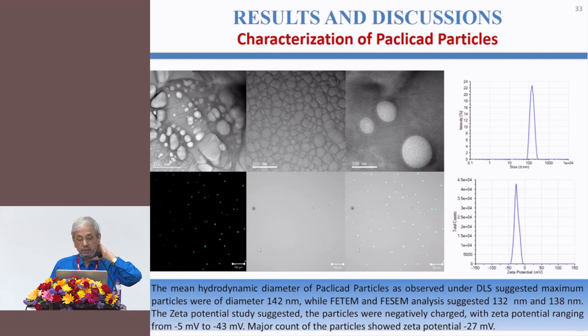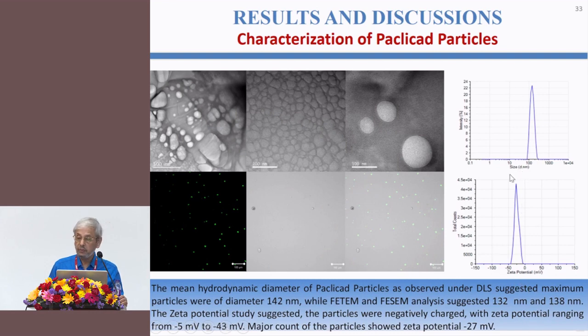As you can see through the confocal microscope, basically these images were analyzed, and the particle size was found as 142 nanometer, whereas by FESEM and FETEM the size was found as 132 and 138 nanometer, and these also have charge.